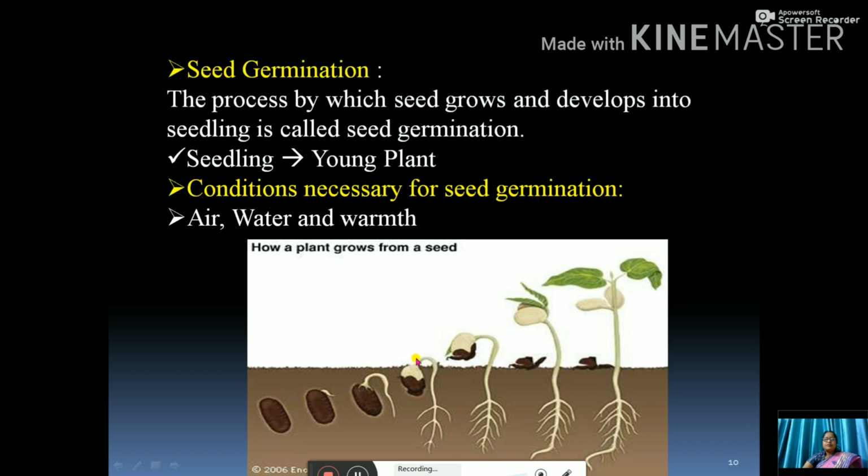Now the root part is growing inside the soil, and after that these seed leaves give nutrition to the plant. And after that, what will happen? This shows the seed coat.